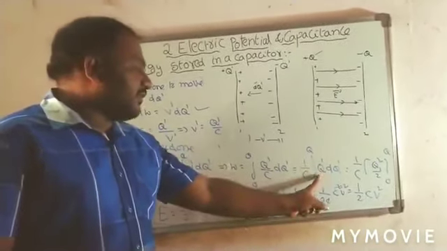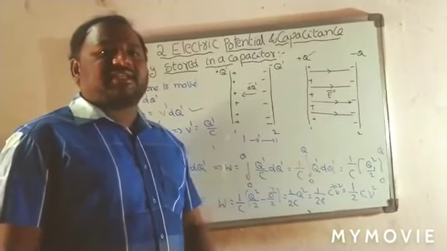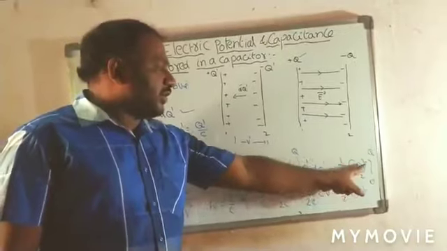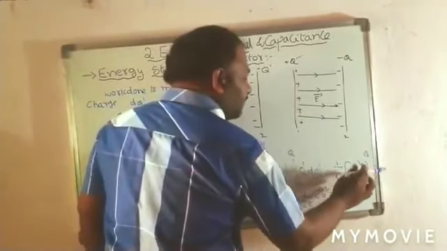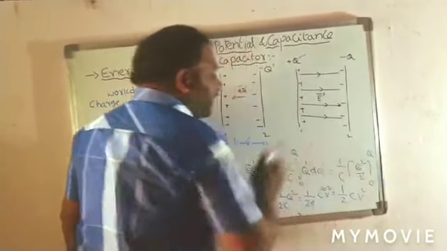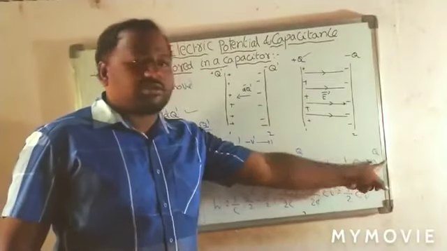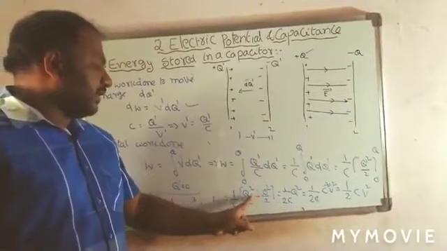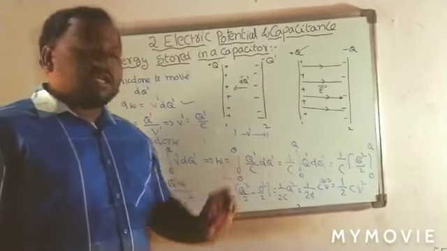This is in the form of integral x dx, which is x square by 2, that is Q dash whole square by 2, with limits from 0 to Q. Substituting the limits, Q square by 2 minus 0 square by 2, that is half 2C into Q square.